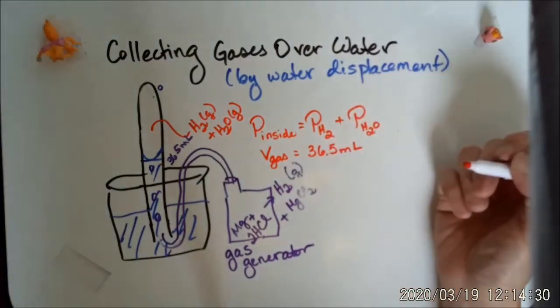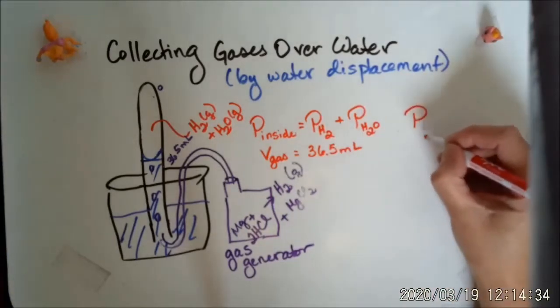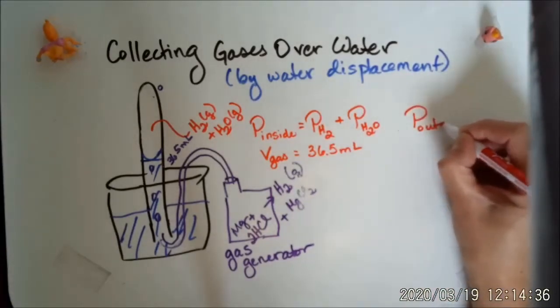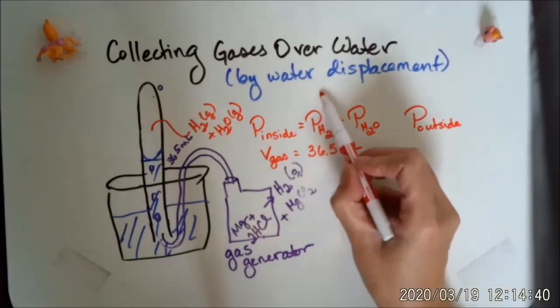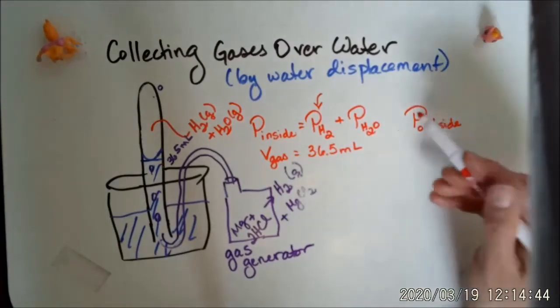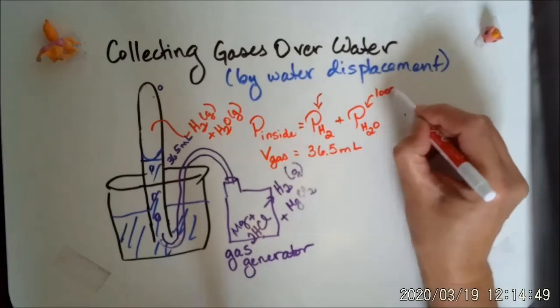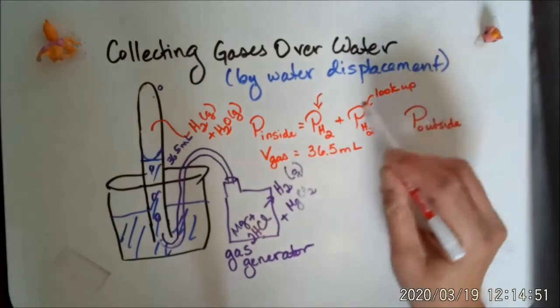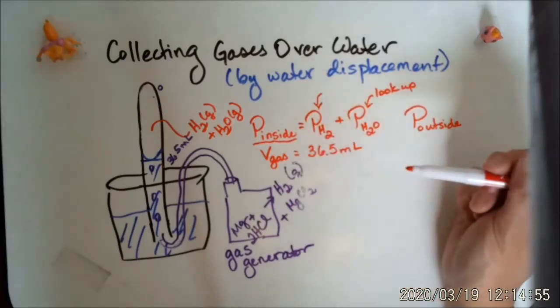But we need to know something else. We need to know what the pressure outside is. Why do we need to know that? Because we're looking for the hydrogen pressure, because that's our product. That's what we formed. This one, you can look up. But how do we find this one in order to finish our equation?